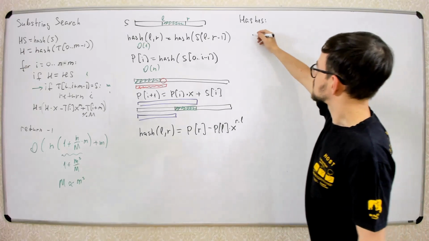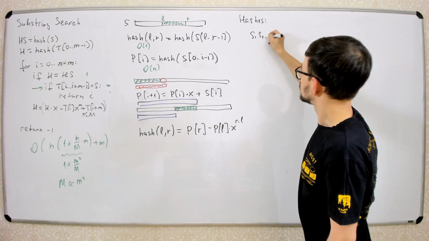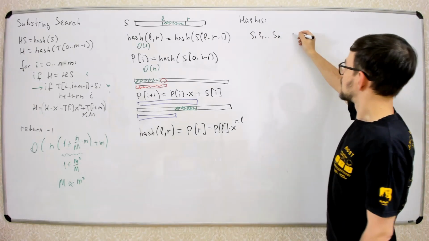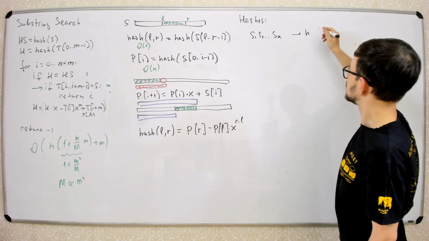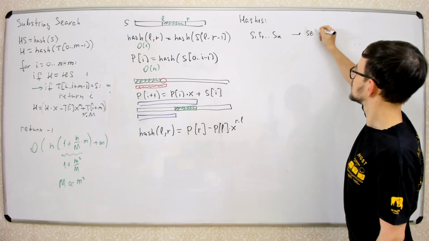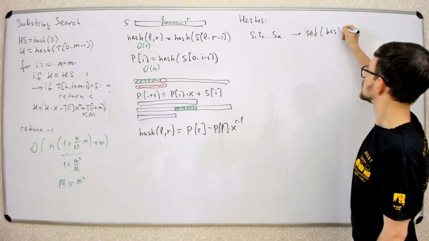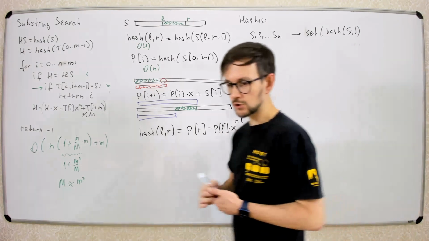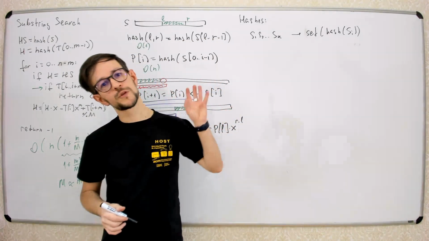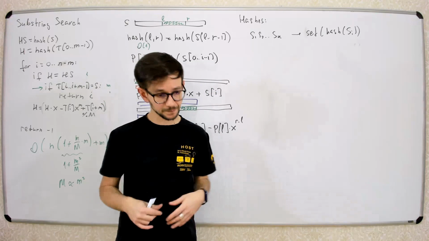So if you have some set of strings S1, S2, and so on, Sk, and then you calculate the hashes of these strings and put them in the set. So let's make the set of hashes of Si. Let's calculate the hash from every string and put all these hashes into the set.